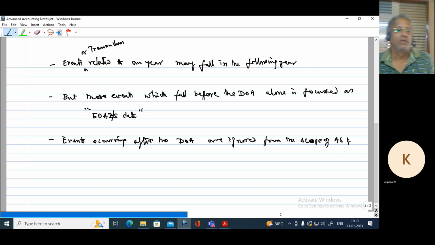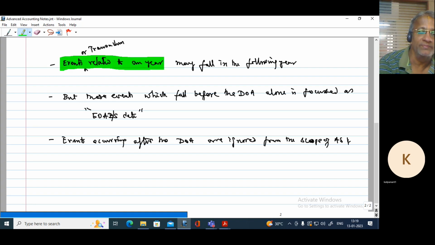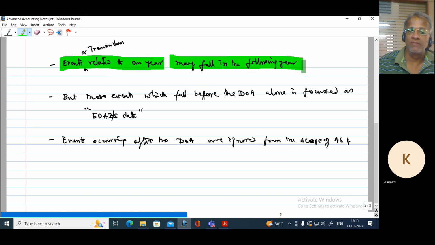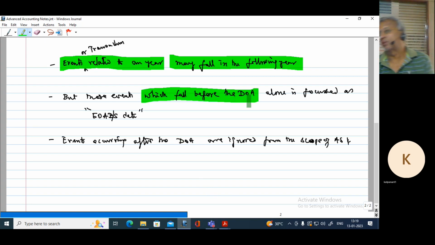So, what are the important conditions? Events related to 1 year will fall in the following year, but before the date of approval. Even on the date of approval it's okay. But ideally speaking, before the approval, because on the day of approval itself, when an event occurs, it becomes impractical to capture.